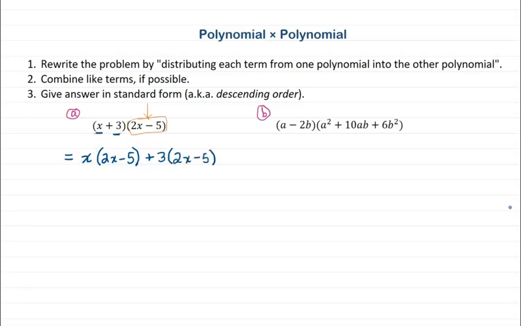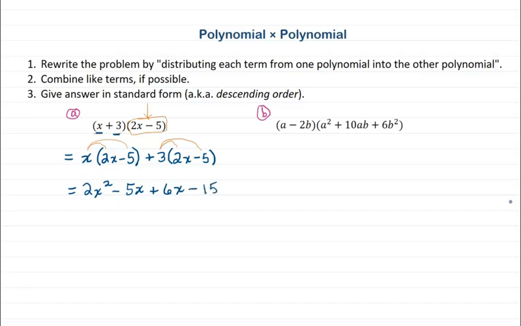Okay, there we go. And so what we're going to do next is carry out the distributions. Let's see what we get. So first we'll have 2x squared, and then we'll have minus 5x. Now we'll distribute that 3 into the 2x minus 5, and here's what we get: plus 6x and minus 15.